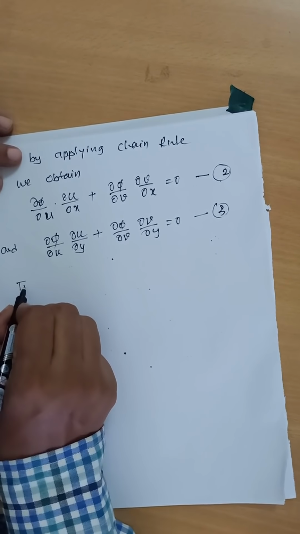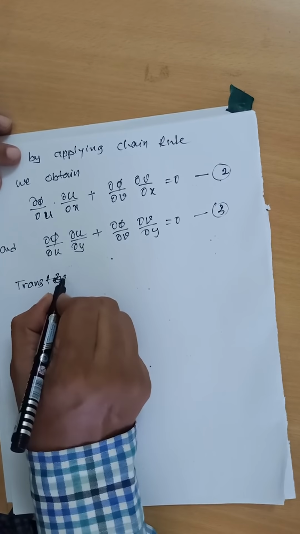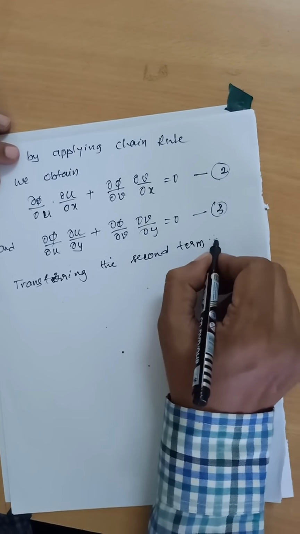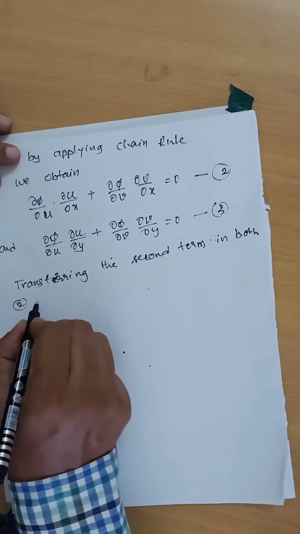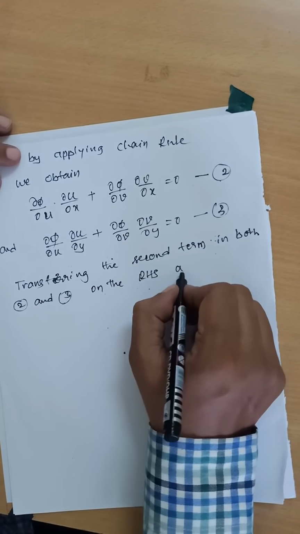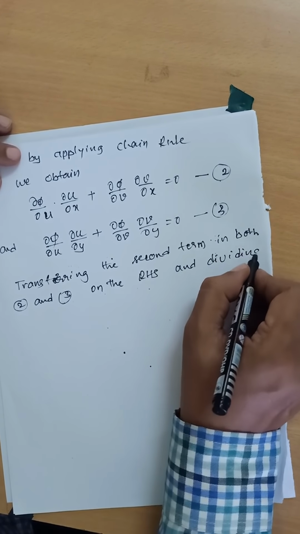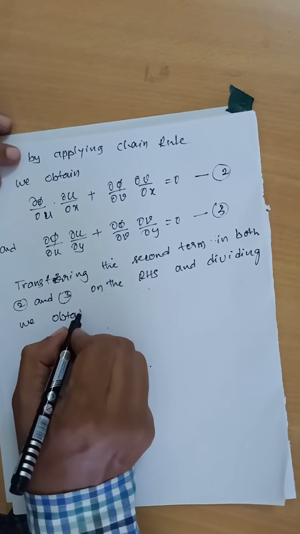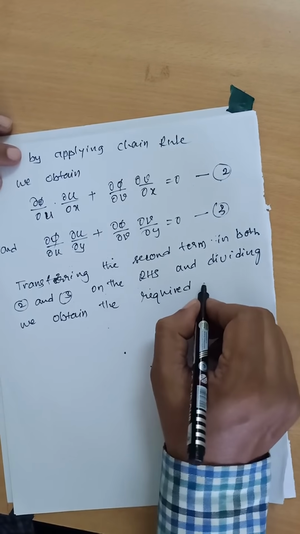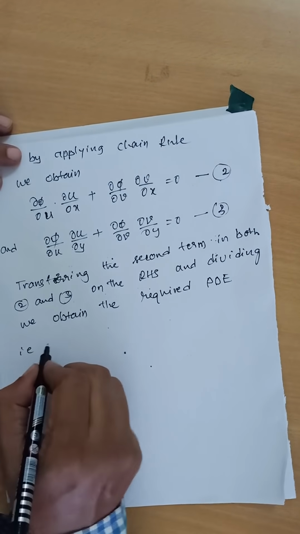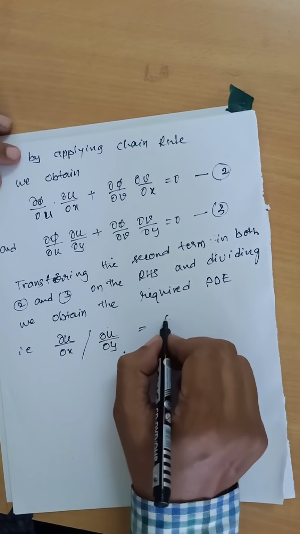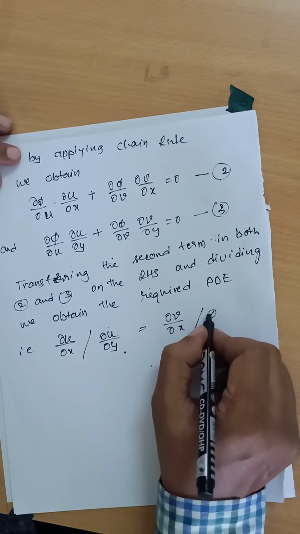Using 2 and 3, transferring the second term in both 2 and 3 to the RHS and dividing, we obtain the required partial differential equation, that is, (∂u/∂x) divided by (∂u/∂y) equals (∂v/∂x) divided by (∂v/∂y).